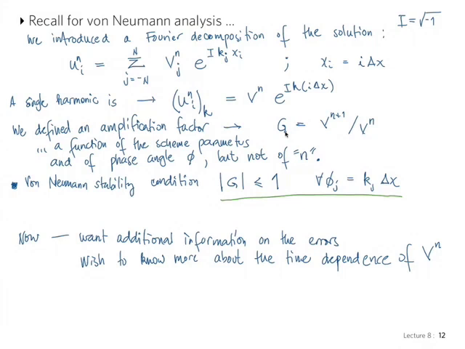Remember, our amplification factor does not depend on time, so we know nothing about the time dependence. If we're only using G, we know stability, but we know nothing about the time dependence. We want to know a little bit more about that.